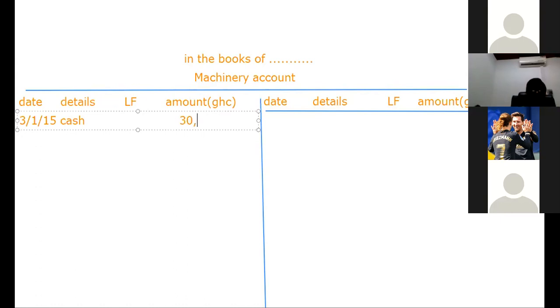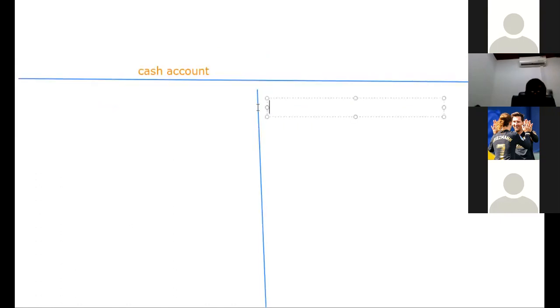What will be the other entry? The cash book. So 3rd January 2015, machinery account, 30,000. We can put A to identify it.